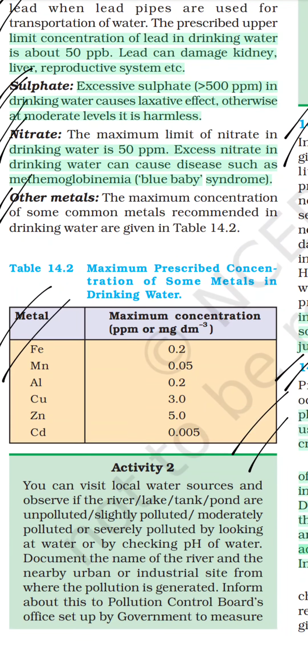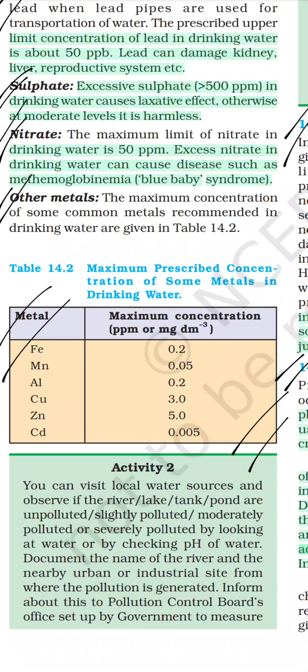You can visit local water sources and observe if the river, lake, tank, or pond is unpolluted, slightly polluted, moderately polluted, or severely polluted by looking at the water or by checking its pH. Document the name of the river and the nearby urban or industrial site from where the pollution is generated.